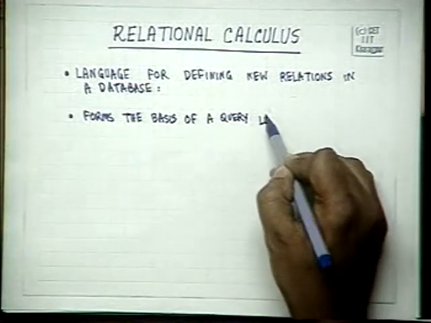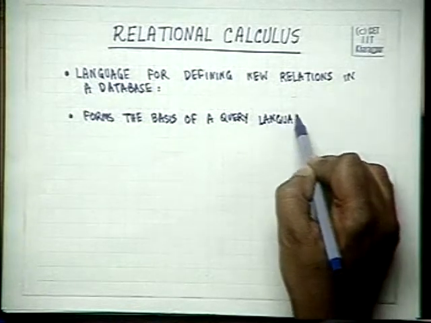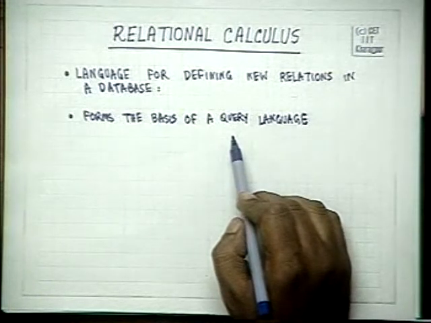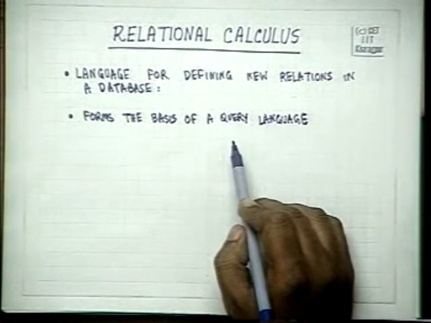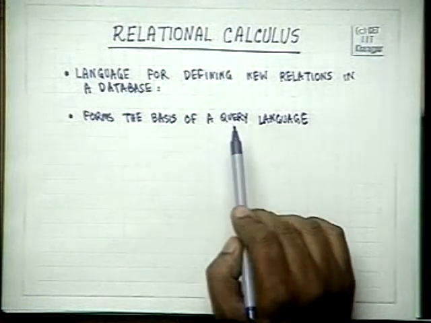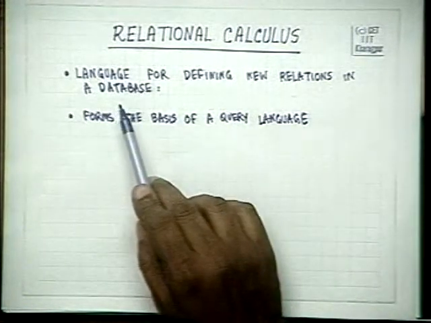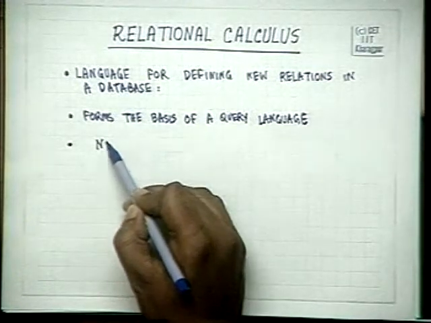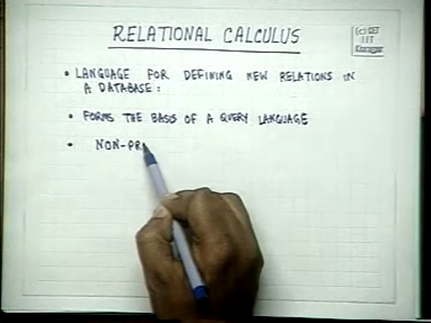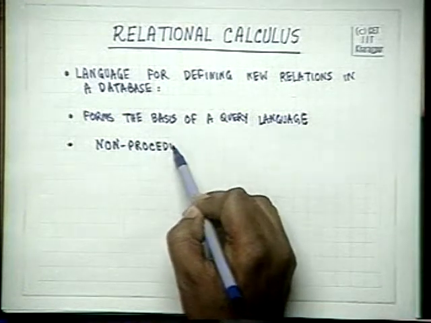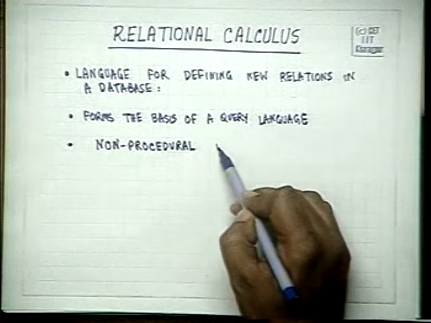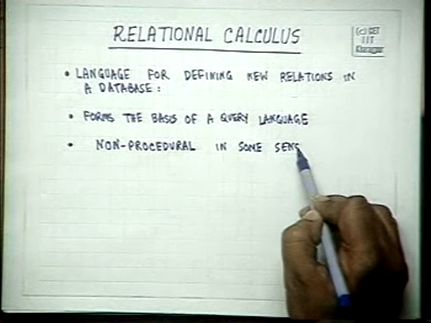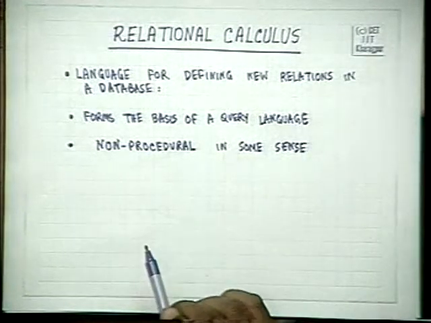We have seen earlier that a query language is just a language which expresses new relations. Relational calculus is also a query language, a mechanism for expressing new relations, but its difference with relational algebra is that it is non-procedural in some sense.